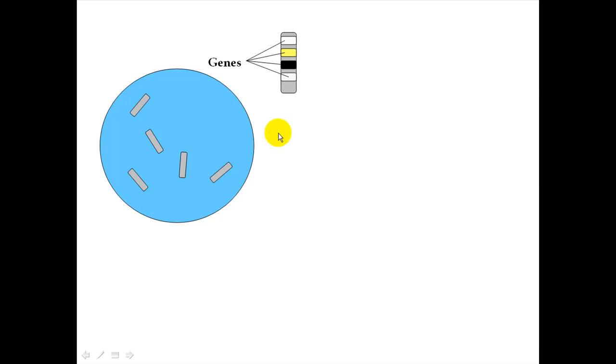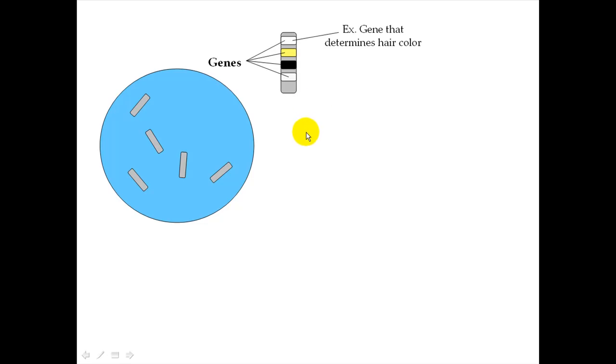But for now, how about if we just say that genes are responsible for determining what particular trait a person is going to have. So for example, there is a gene somewhere on one of the chromosomes in your nucleus that determines what hair color you're going to have.